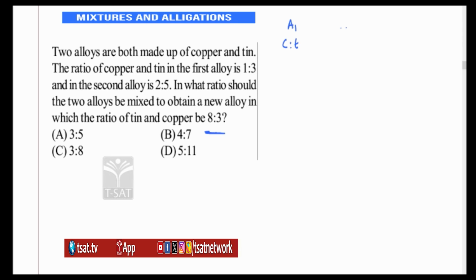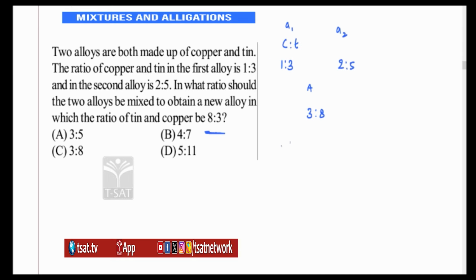Alloy 1, alloy 2 and the total. I will take it as small a1, small a2, capital A. Copper and tin is 1:3. Here copper and tin is 2:5. Be careful here. He said tin and copper, but you have to take copper and tin. So, in the third alloy, the mixture is 3:8.